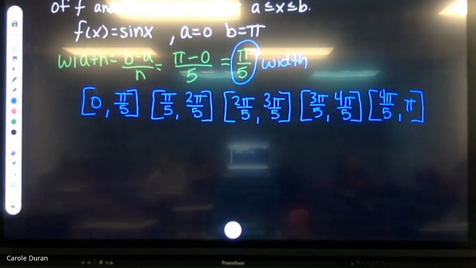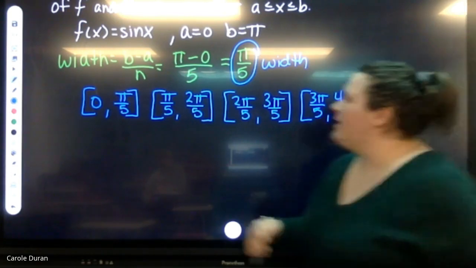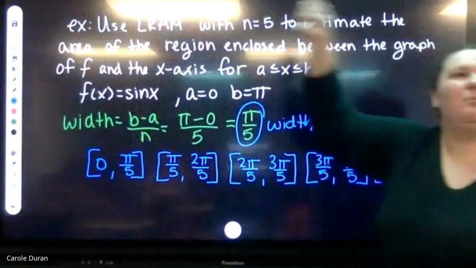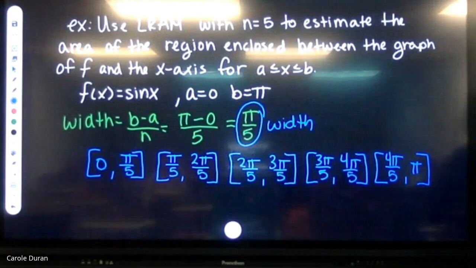If I was looking for the midpoint, I would have to add my left endpoint and my right endpoint together and then divide by 2, and that would give me my midpoint. But I'm not. What endpoint am I working with here, Devin? Left, because it says use LRAM, which is the left rectangular approximation method.